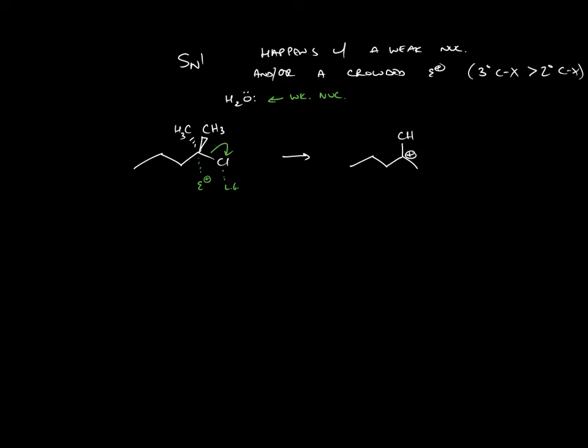Now notice that I've gone from wedges and dashes to writing everything nice and flat. The reason for that is that a carbocation, or a C+ with 3 bonds, is sp2, and therefore it has essentially an empty p orbital sticking towards you and backwards the way that it's drawn right now, and it has no chirality.